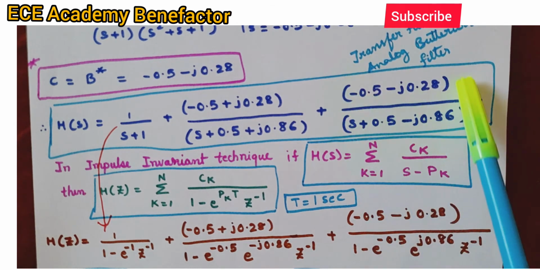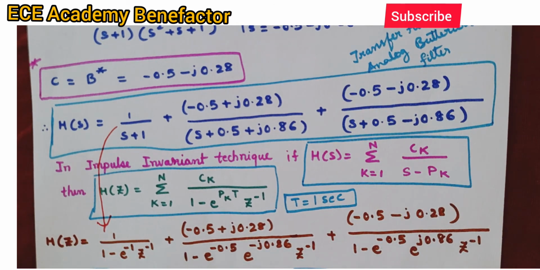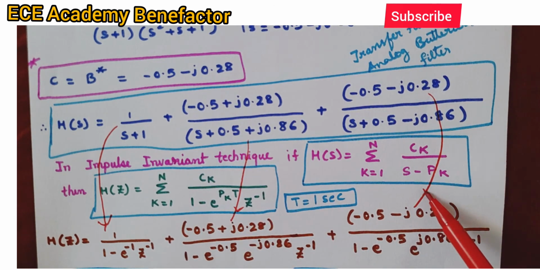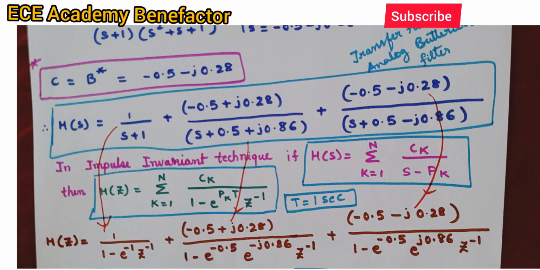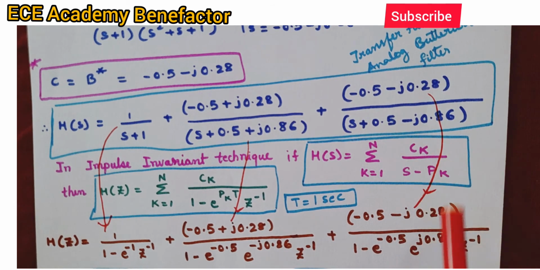So this numerator part is Ck, minus 0.5 minus j 0.28, by 1 minus e to the power pk. What is pk? It's minus 0.5, e to the power j 0.86, z inverse.